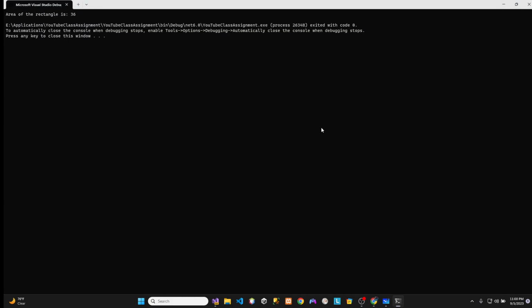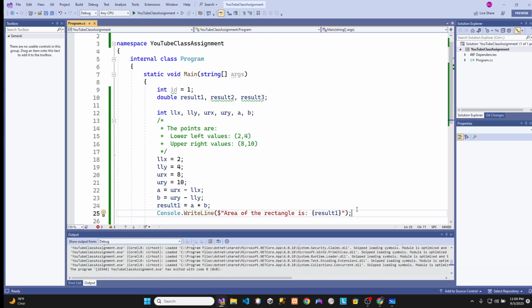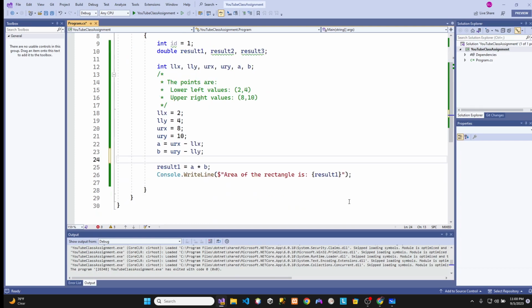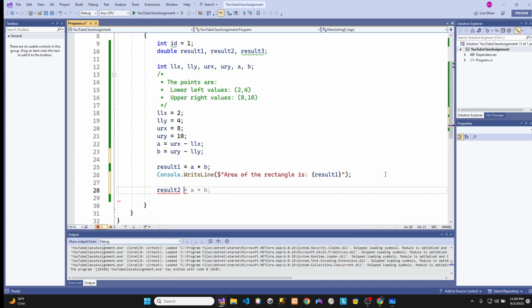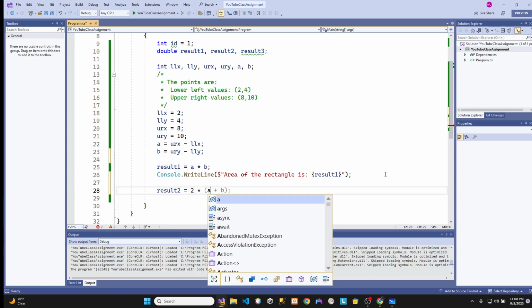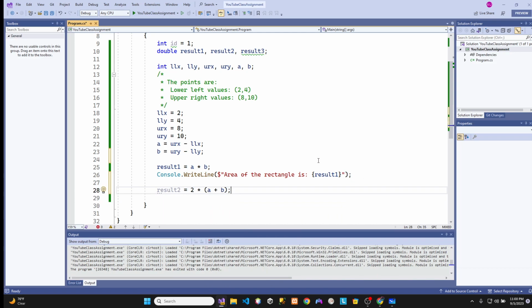So let's go ahead and solve this too. How do we do it? It's easy. So we have a and b, right? So result 2 equals 2 times (a plus b). This is it. So we do the same thing here.